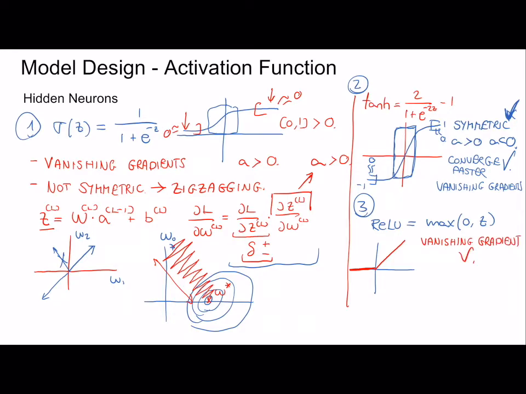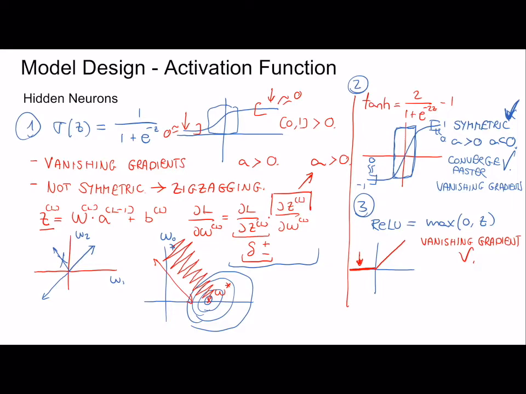This is solved. But now what you see is that the gradients here, when we are in this position, are essentially zero, which means that if for a particular sample the neuron is not firing, the neuron outputs a value of 0, then the weights for that neuron won't be updated.